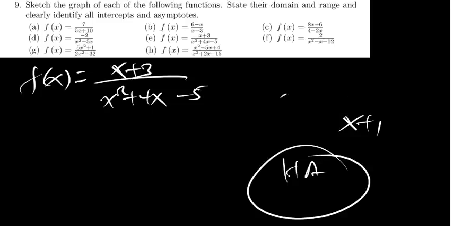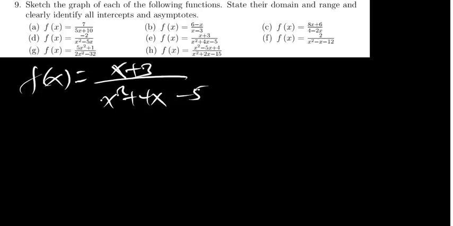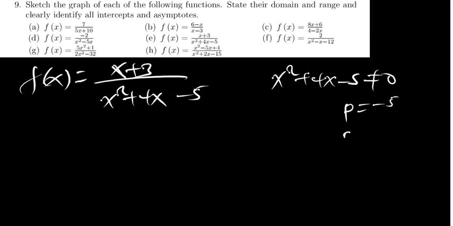E is saying, we know that to find the domain, we have to set the denominator not equal to 0. The product in this case is -5 and the sum is 4. What will be our factors?